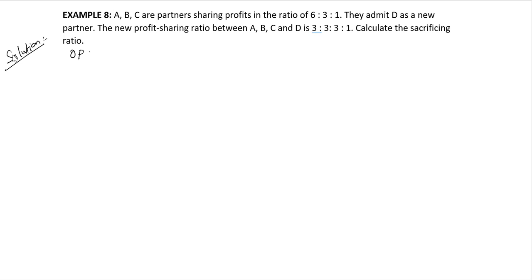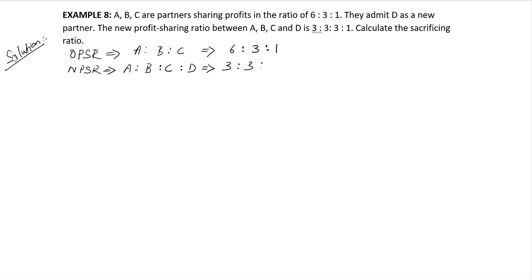Given in the problem, old profit sharing ratio between A, B and C is 6:3:1. New profit sharing ratio between A, B, C and D is given as 3:3:3:1. We are asked to calculate the sacrificing ratio.